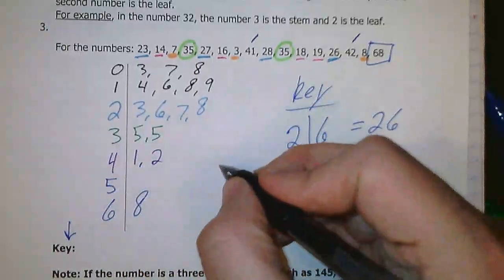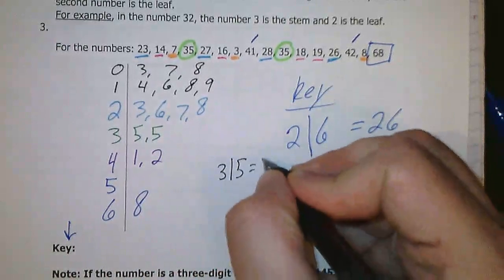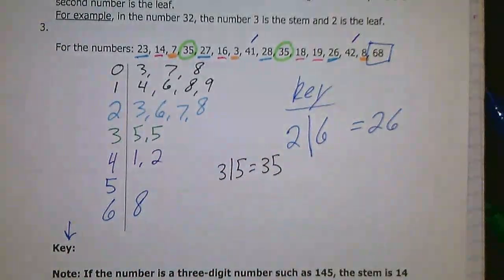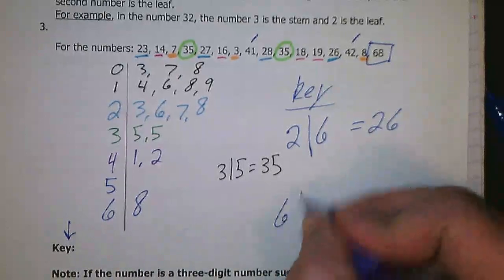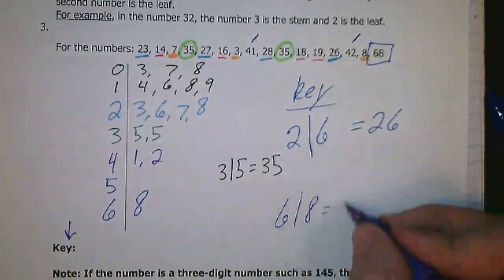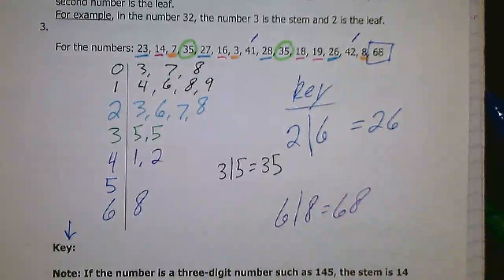If you want to do 3 line 5 equals 35, this is just a way that we show what this information means. You can do 6 line 8 equals 68. It's just a key, like a map key that shows you what the information means.